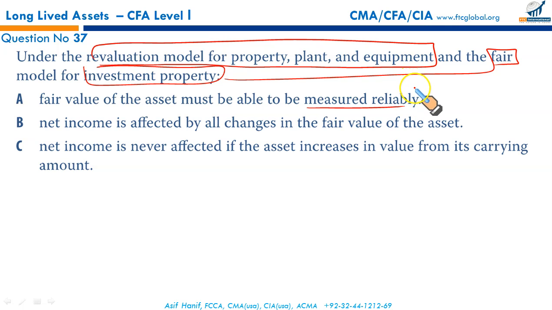It is true both for the fair value model and revaluation model. This option is the one that is true for property, plant and equipment revaluation model. For PPE we use the revaluation model, and for investment property we use the fair value model. So this option A fits well with both of these. B, net income is affected by all changes in fair value of the assets.